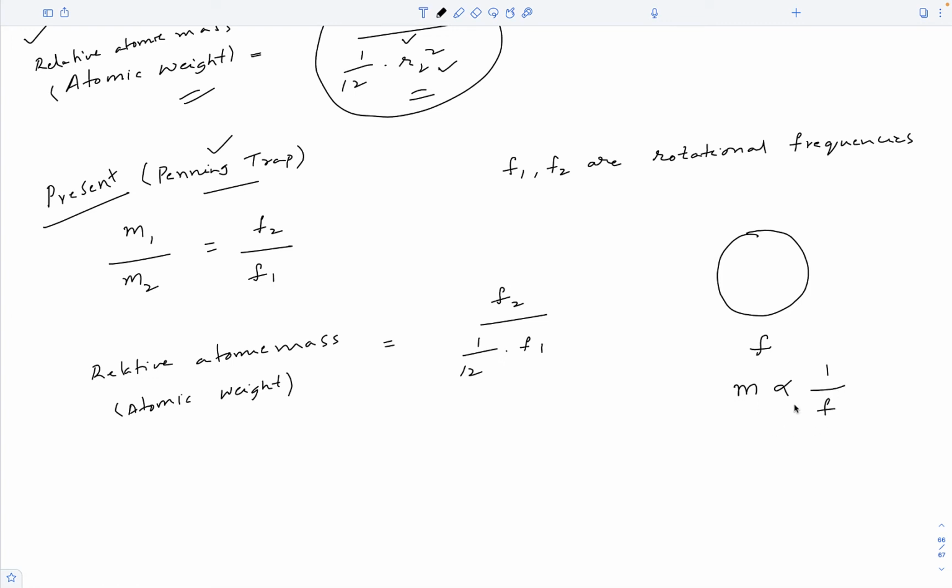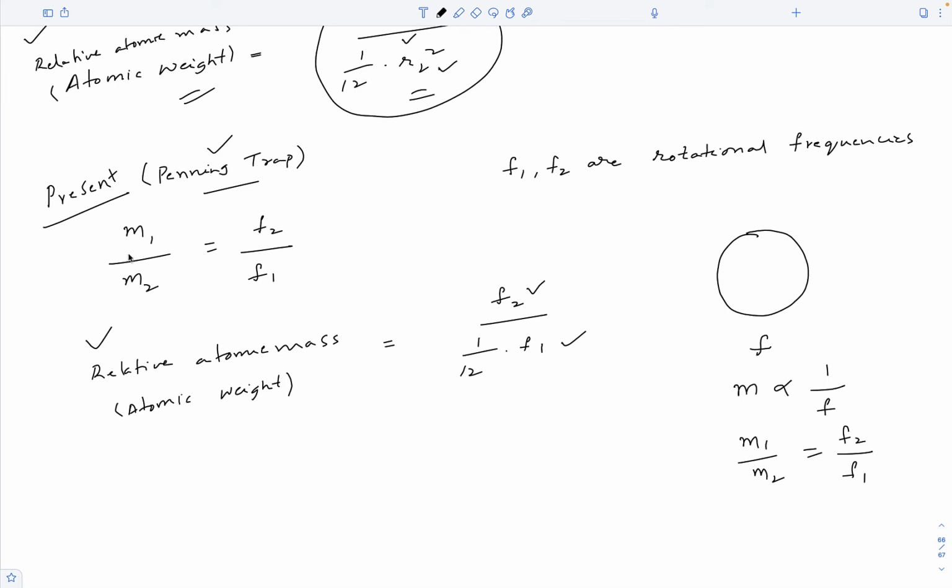So they are inversely related. So M1 over M2 will be equal to F2 over F1. So the expression for relative atomic mass or atomic weight will be F2 over 1/12 of F1. And we can measure F1 and F2 with tremendous, phenomenal accuracy. So we can determine atomic weights with great accuracy using modern mass spectrometers.